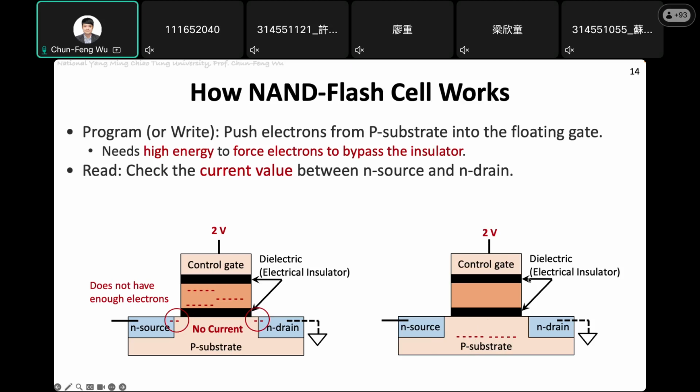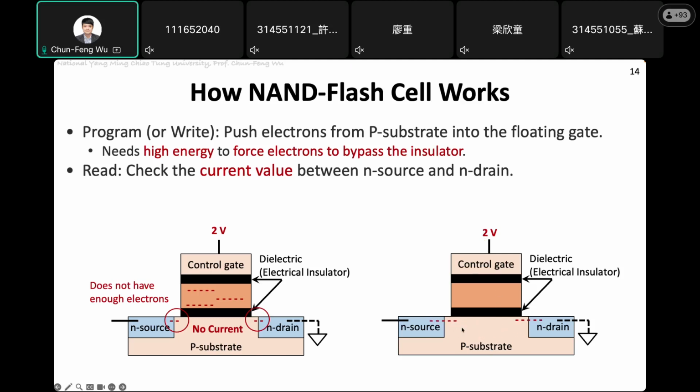But on the right hand side, because it doesn't apply any high voltage beforehand, when you apply 2 volt, you will get a little bit more electrons in this case. And the same thing, those electrons cannot cross through this dielectric layer, because 2 volt is still not enough energy to drag these electrons across the dielectric layer.